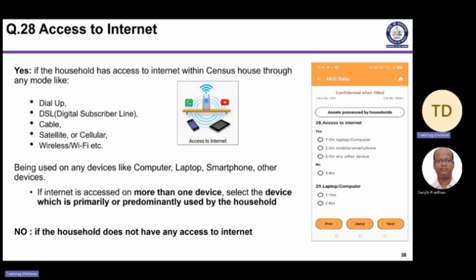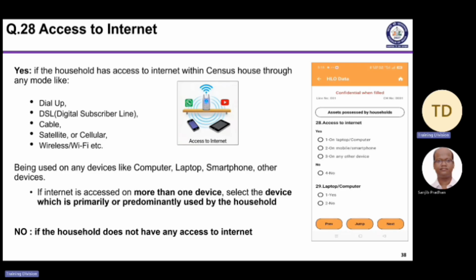So these are the modes: dial-up, DSL (digital subscriber line), cable, satellite, or Wi-Fi, etc. Then, if internet is accessed on more than one device, select the device which is primarily or predominantly used by the household. In pretest, it was given that on priority, if the household is using internet on mobile and laptop both, then the code for laptop should be given on priority.